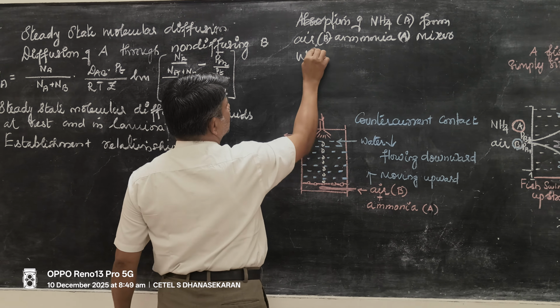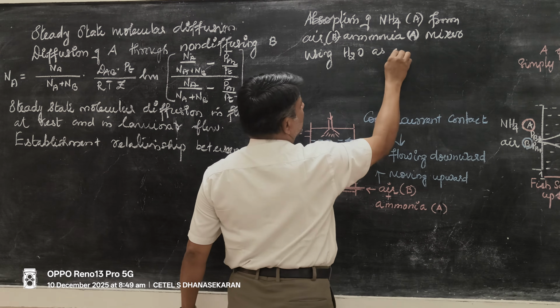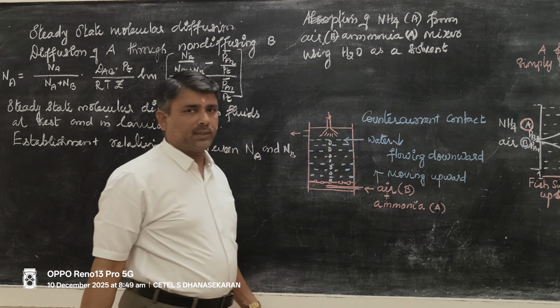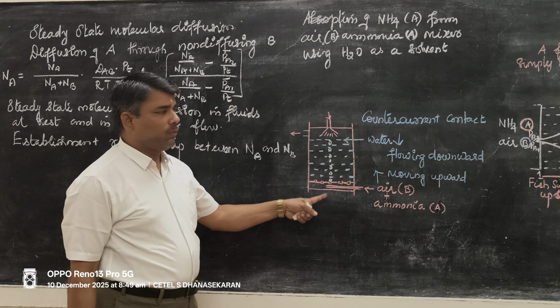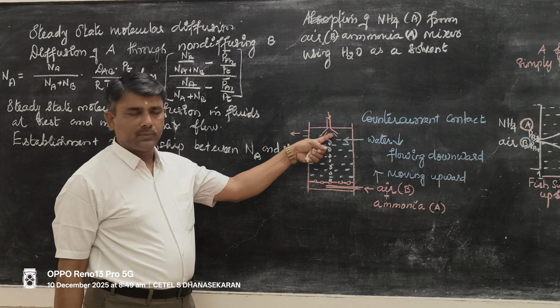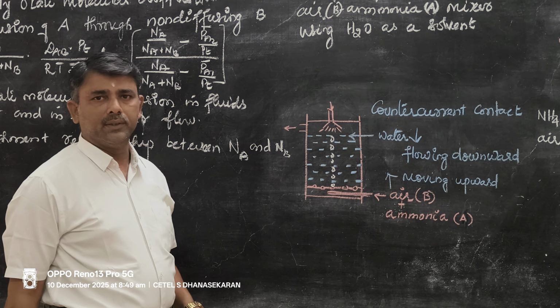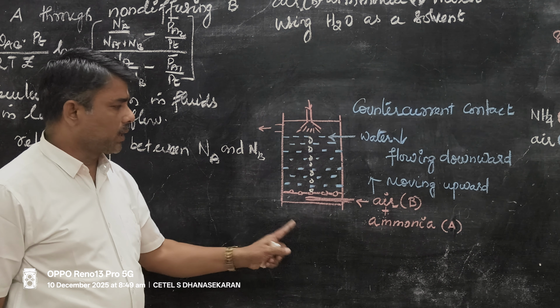Using water as a solvent. See, this is the absorption column. From the top to bottom, water is being sprayed, so the flow direction of water is top to bottom.